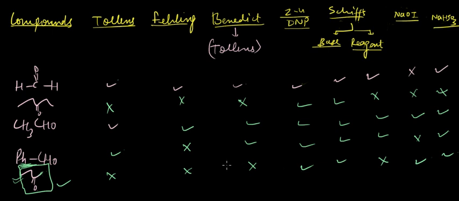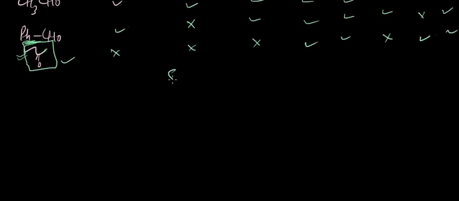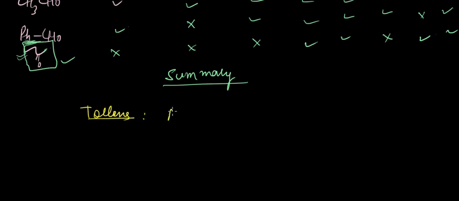Okay, so let's summarize it. So what we have in the end is, first Tollens. Tollens actually gives positive test for aldehydes. It doesn't give positive test for ketones. What about Fehling?